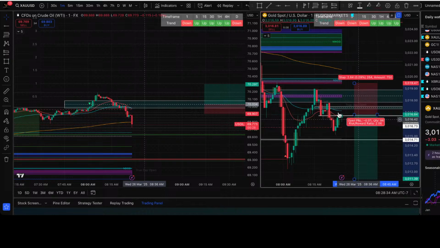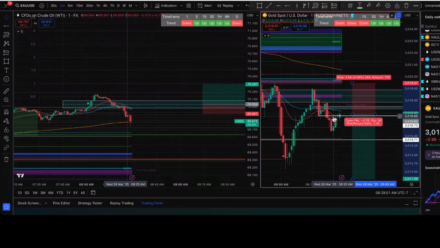So gold coming back up, taking one last swipe here, taking this fair value gap, this fair value gap. One minute left in our stream.